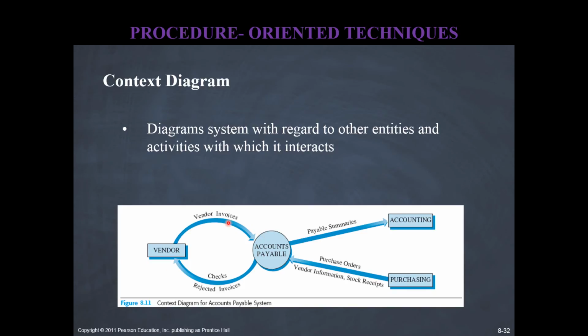Vendors are sending vendor invoices to this process, and as a result of this process, vendors receive checks or rejected invoices. The process also generates summaries of accounts payable for the accounting function, and purchasing, probably the main participant in this process, creates purchase orders using this process. Eventually, this process will be implemented as software, as an information system that will be supported by a number of interfaces for those participants, and also by a data structure, a database that would support all those information exchanges and will store all those messages and outputs.